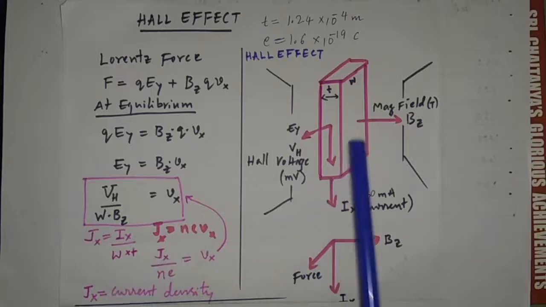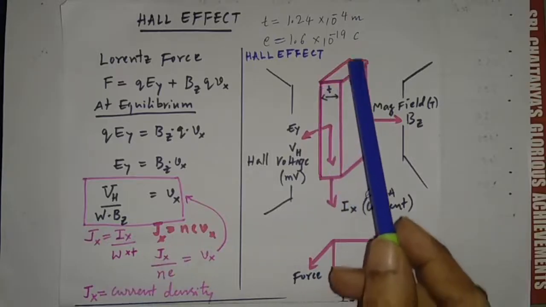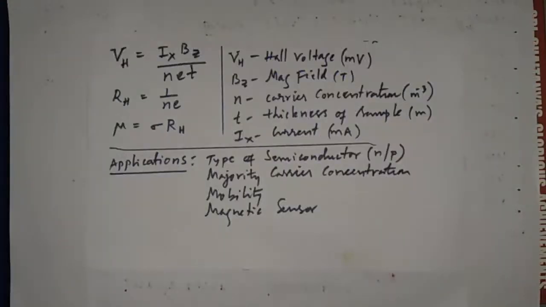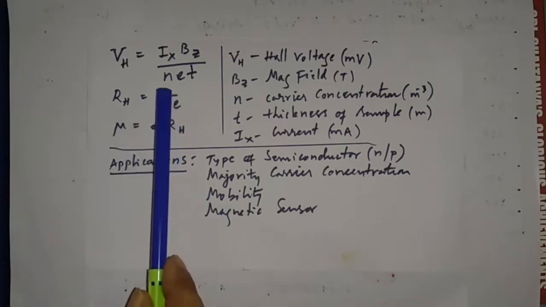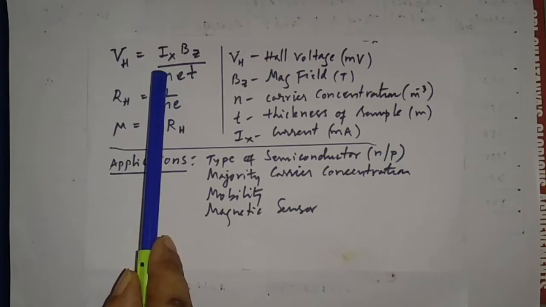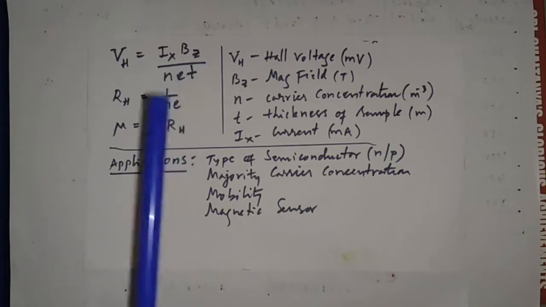The cross-sectional area is W into T of the semiconductor, and Ix is the current passed through the sample. By substituting that, we get Vx is equal to Jx divided by N into e. So substituting for the drift velocity, we get the expression for Hall voltage, which is given by Vh is equal to Ix Bz divided by N into e into T.